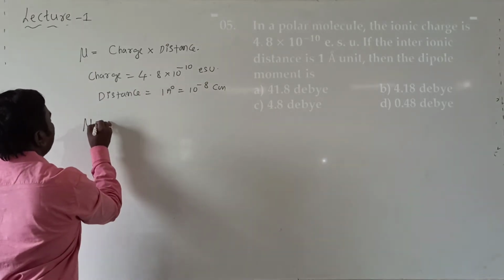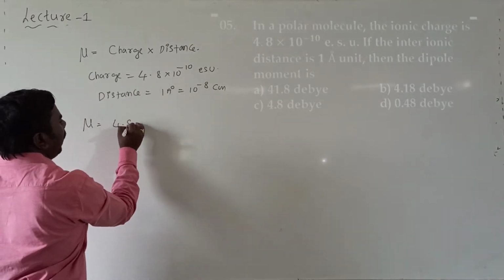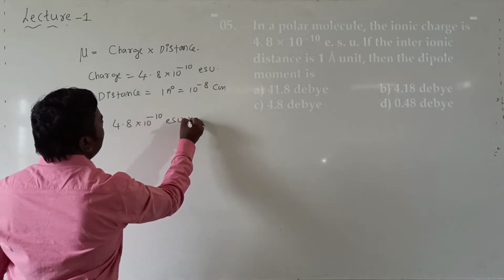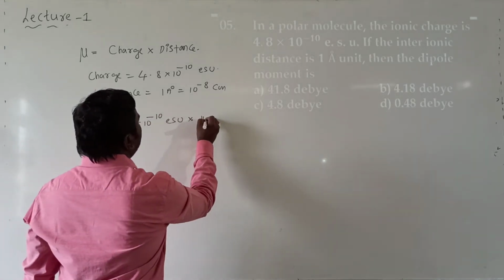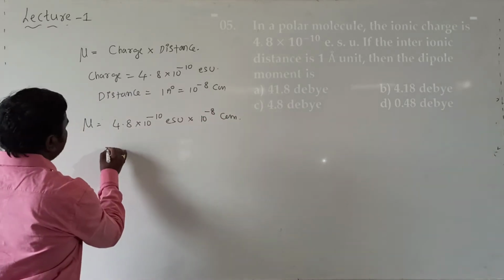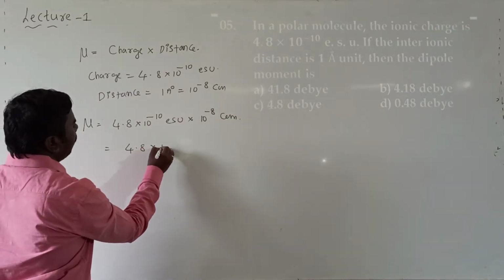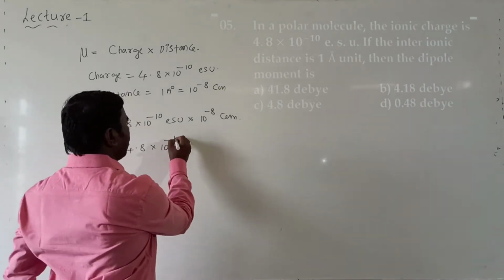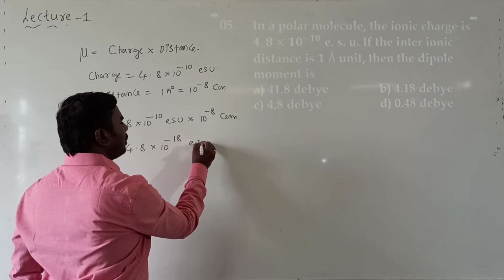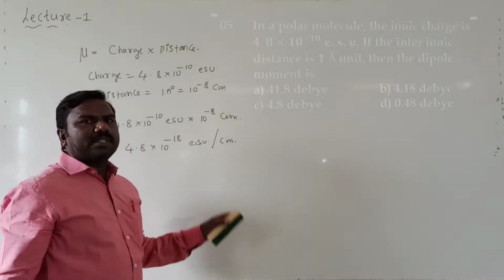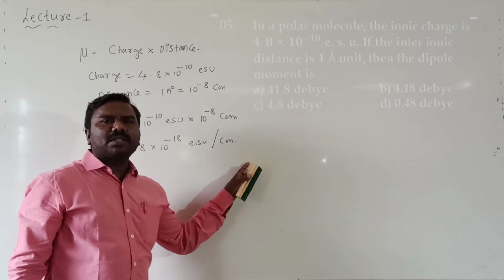So dipole moment equals 4.8 into 10 to the power of minus 10 ESU into 10 to the power of minus 8 centimeters. So it will be 4.8 into 10 to the power of minus 18 ESU per centimeter. It means this much charge per 1 centimeter.